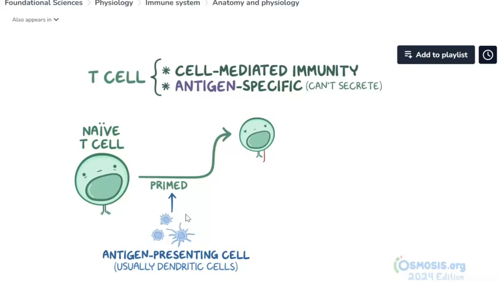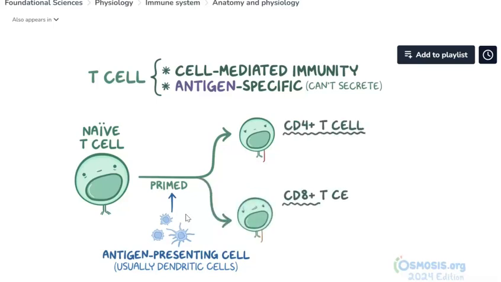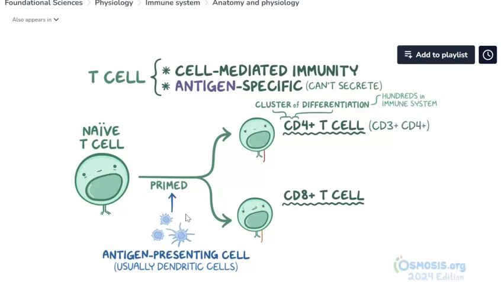Now, there are two main types of T cells, CD4 T cells and CD8 T cells, where CD stands for cluster of differentiation. There are hundreds of CD markers in the immune system, and these CD markers are useful in telling different cells apart. For example, all T cells are CD3 positive because CD3 is part of the T cell antigen receptor.